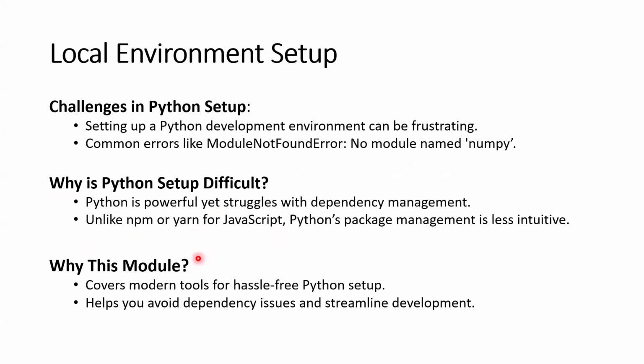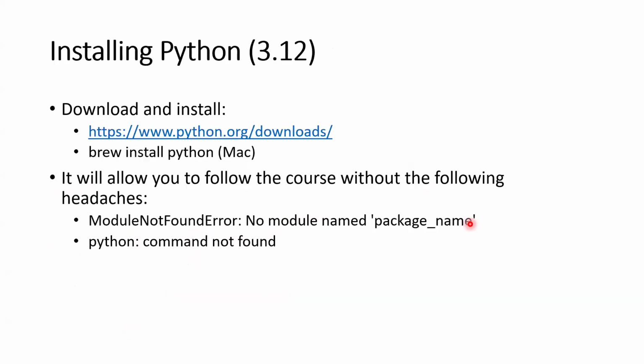So in this module, we are going to see how we can set up the Python environment and how we can deal with those dependency issues which can create errors like no module found, or how we can streamline our development.